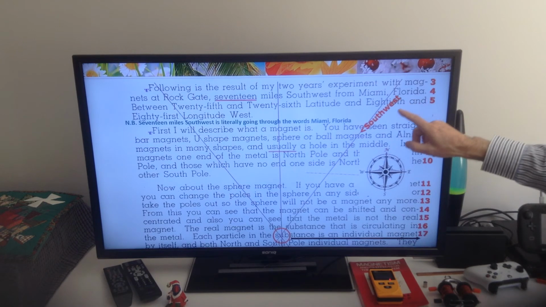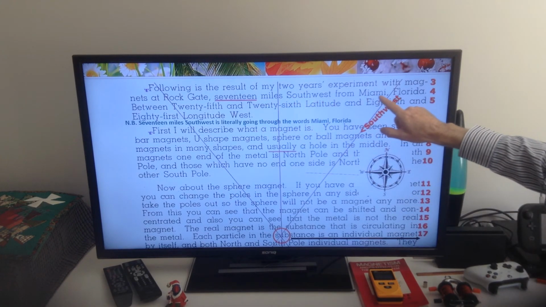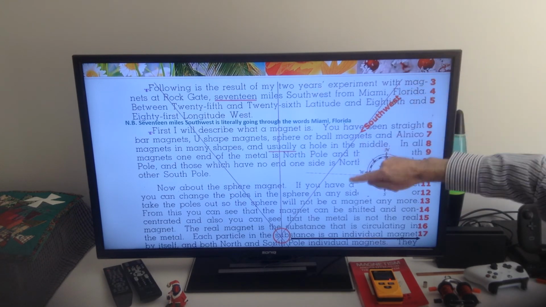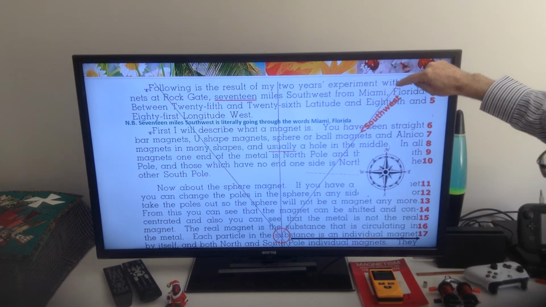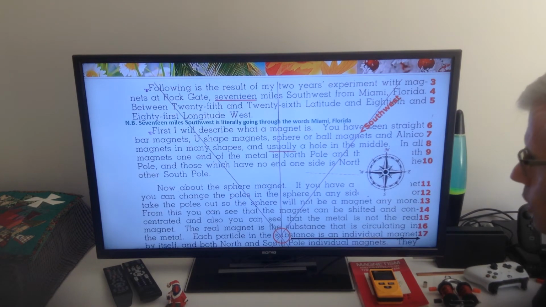What else I noticed is 17 miles southwest from Miami, Florida. So literally on this page it goes in a southwest direction through Miami, Florida, going through the U again.